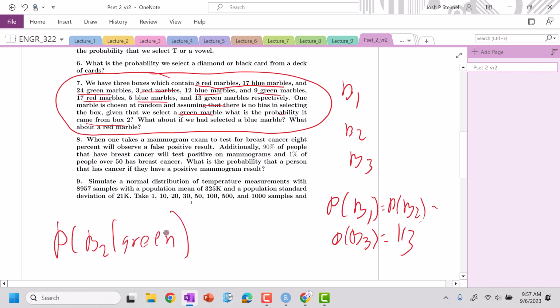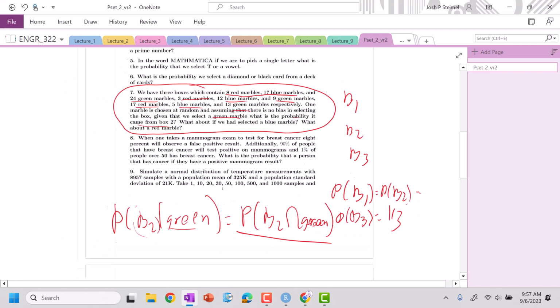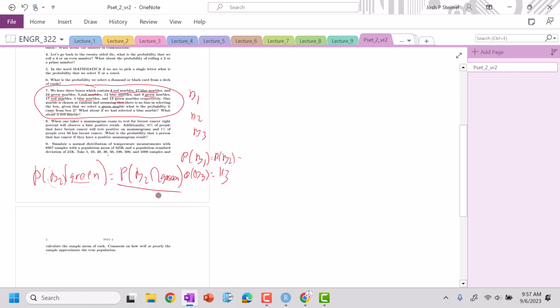That's the probability that it came from box 2, given that it is green. That's going to be the probability of B2 and green, over, let's zoom out for a second, the probability that it is green.